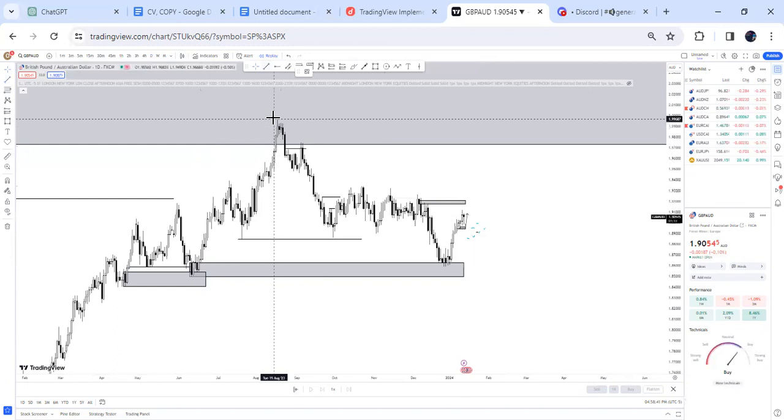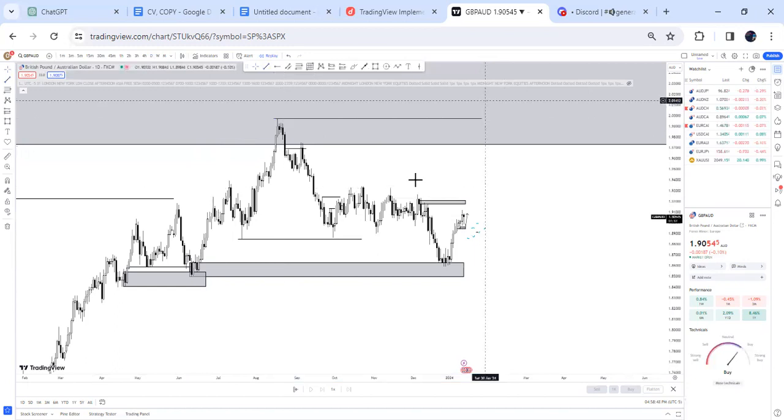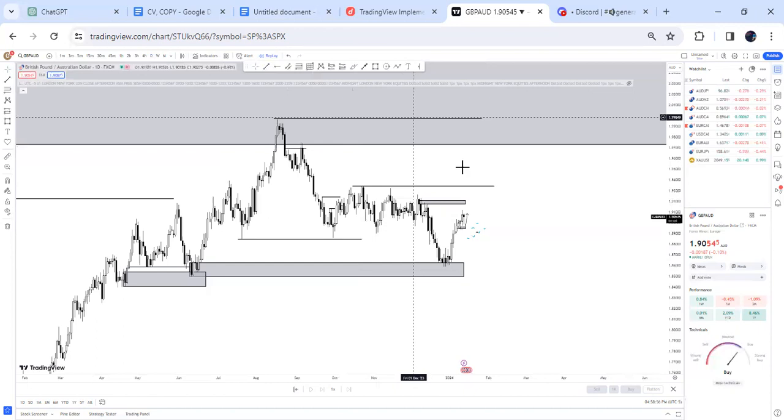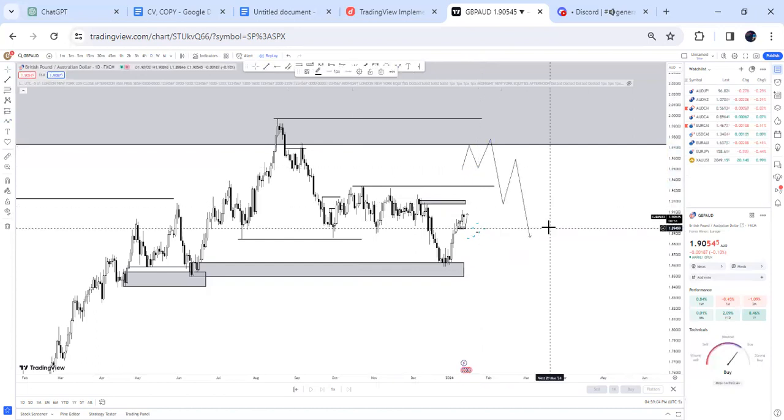It either takes out this buy and continues the bullish order flow, or it takes out this inducement liquidity and then sells from somewhere around here. Those are the two things you are going to be looking out for.